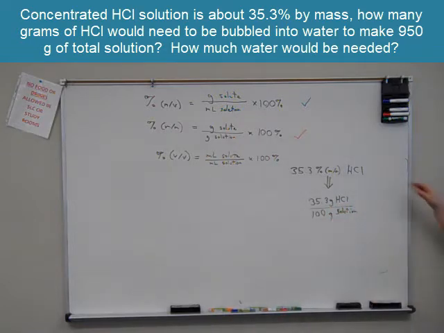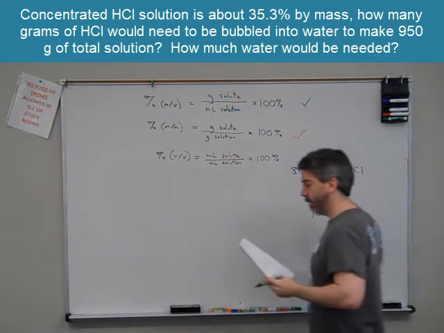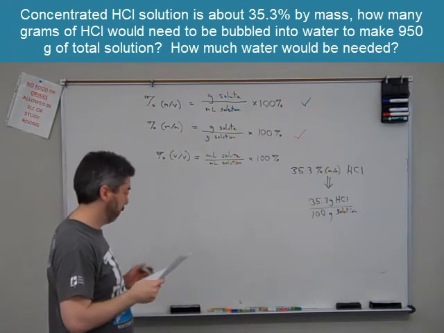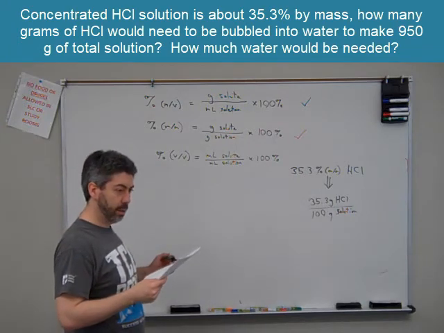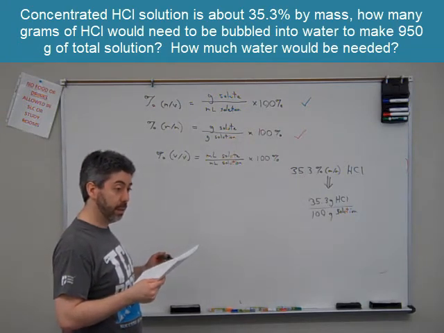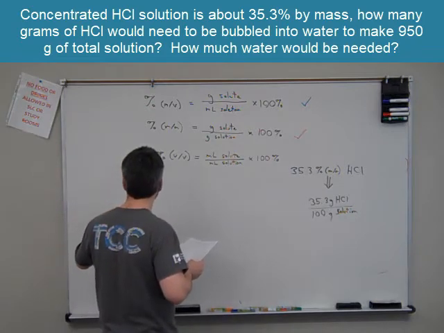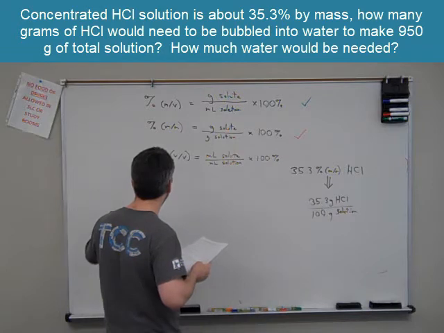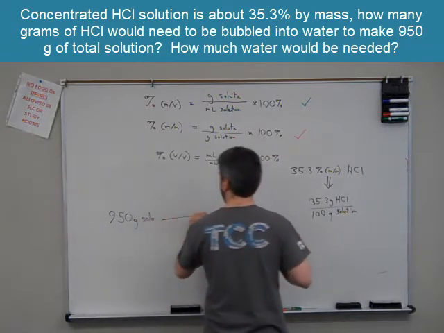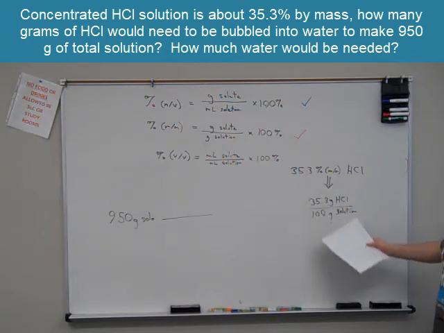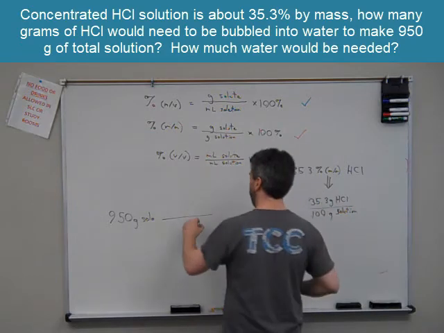When you're given a concentration, use it as a conversion factor. Now in this case, what amount am I going to start with? I'm going to start with my 950 grams of solution. Since grams of solution is part of this conversion factor, I'm going to put grams of solution down here.